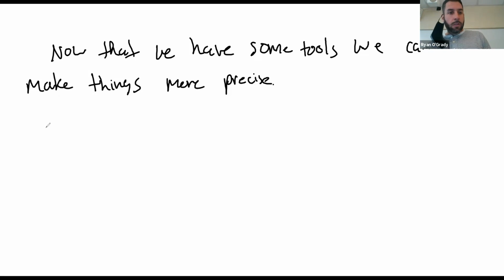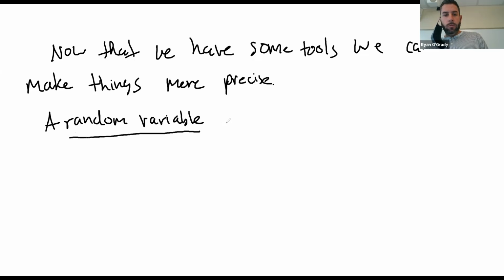So a random variable is a function. You guys are familiar with functions, but this is a new type of function that maybe you're not so familiar with.